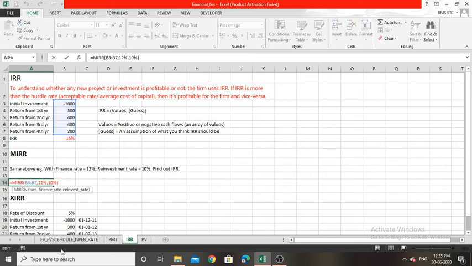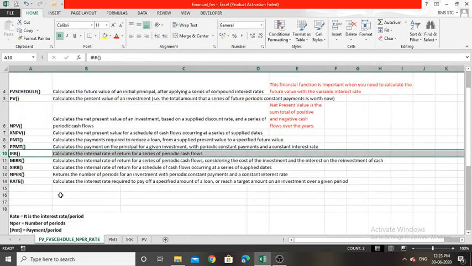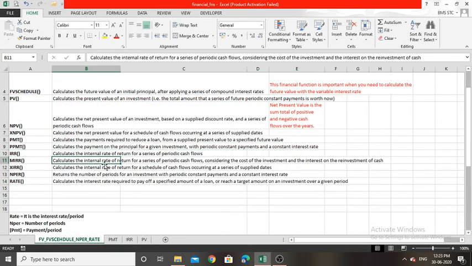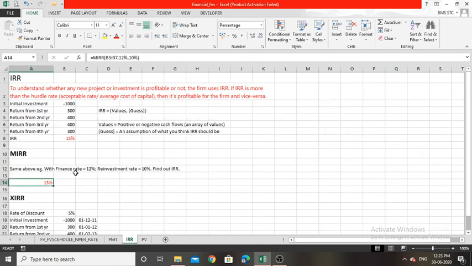What does MIRR denote? MIRR calculates the internal rate of return for a series of periodic cash flows considering the cost of the investment and the interest on the reinvestment of cash. So here we will have a finance rate along with the reinvestment rate.